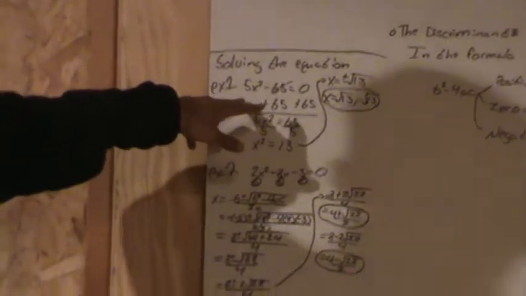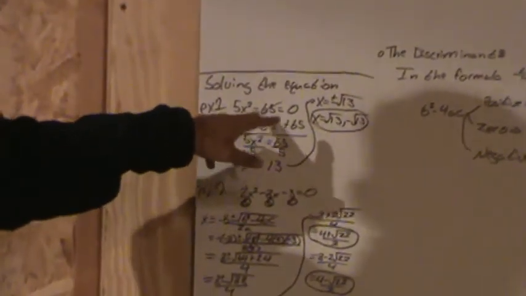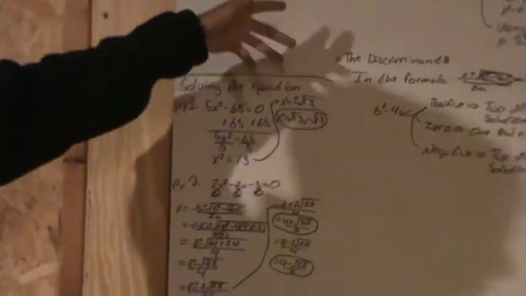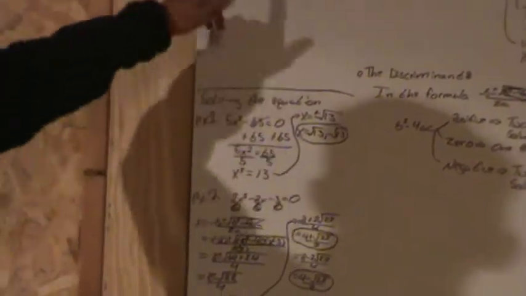Now, on solving the equation, I have two examples. The first one is 5x squared minus 65 equals 0, because we aren't always going to have b or c.